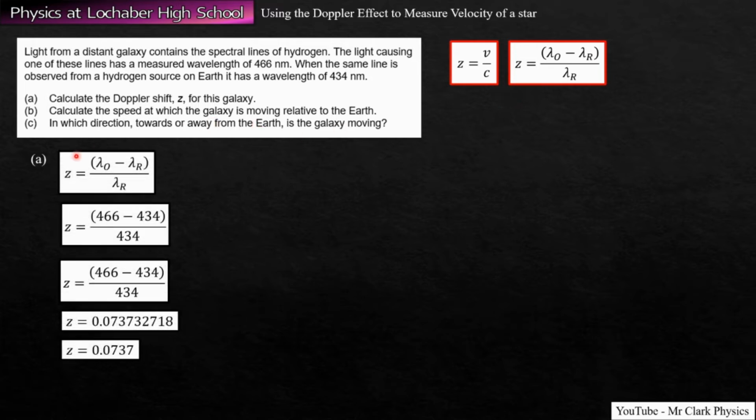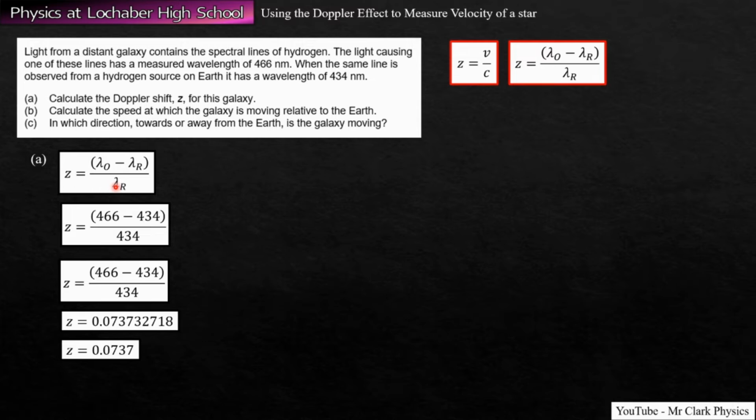For the first part, what we're going to do is use the first one here. We know something about wavelengths and we're asked to find Z, so that's hopefully straightforward. We put the numbers in. You have to be a little bit careful to know which one you're going to do twice. Is it the big one? Is it the small one? It just depends. The reference value, the stationary value on Earth, is always the one on the bottom. Okay, that's always going to be the case. You have to be careful there.